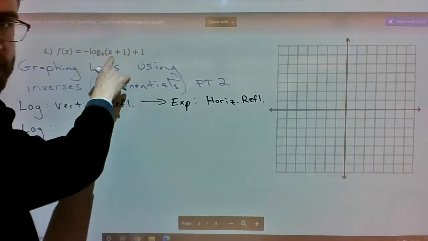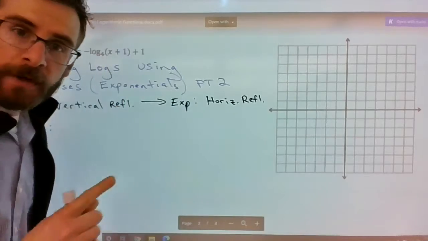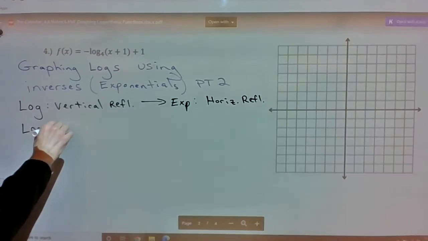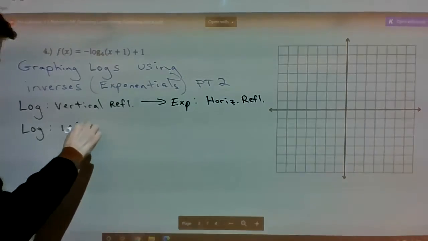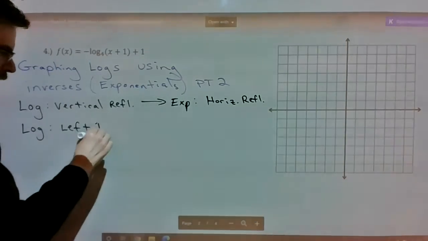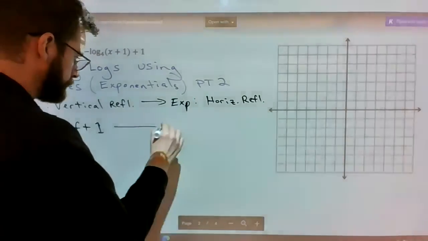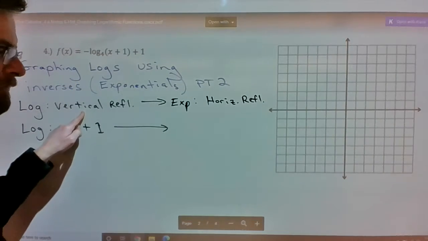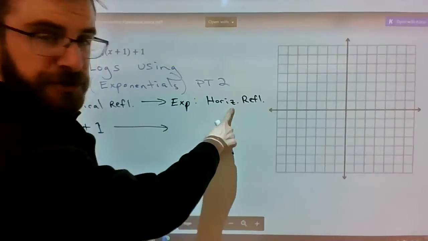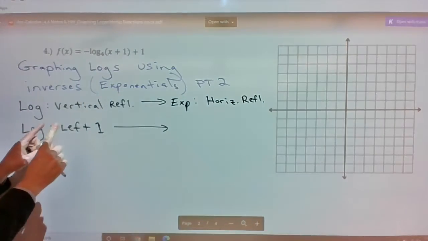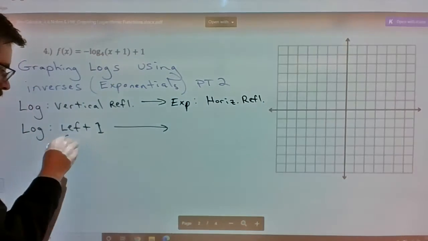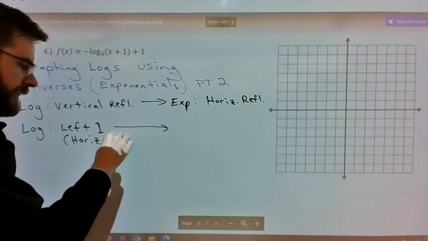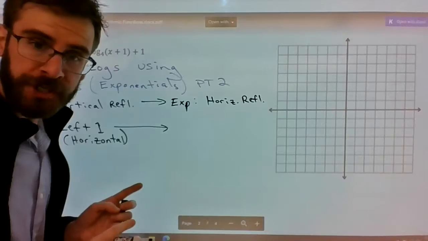What about an x plus 1 inside the parentheses? That would be a shift left, okay? Left 1 unit. Well, here's the deal. If a vertical reflection became a horizontal reflection, that means a horizontal shift becomes a vertical shift.